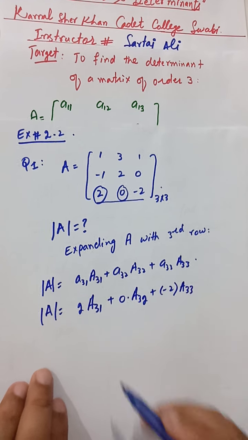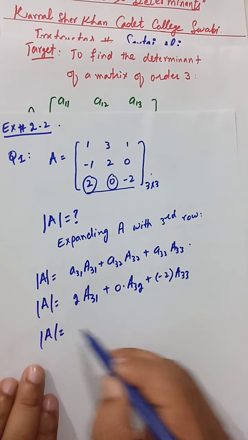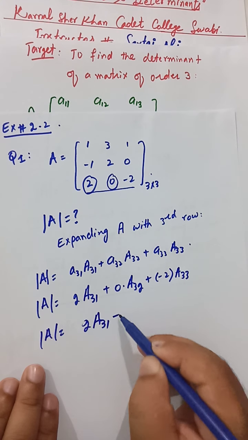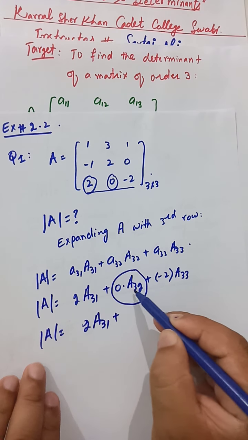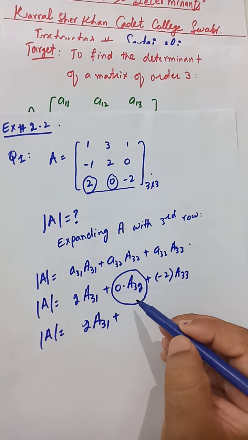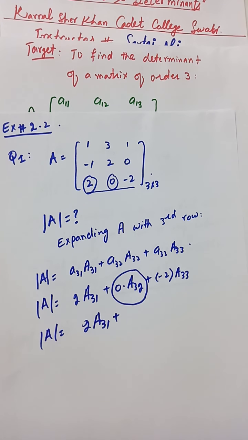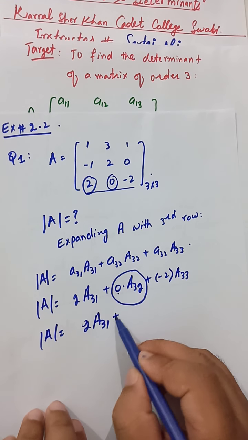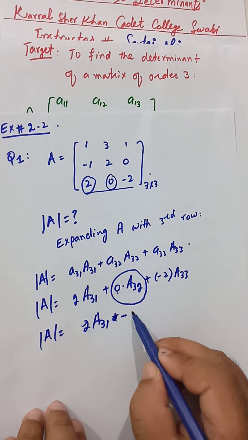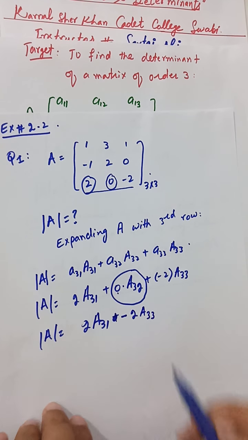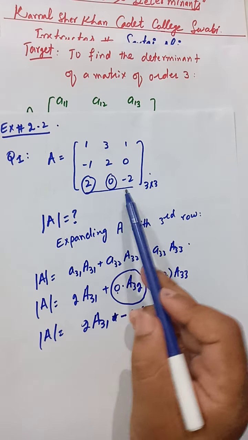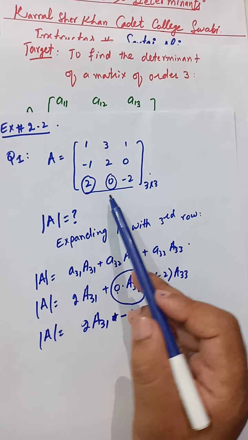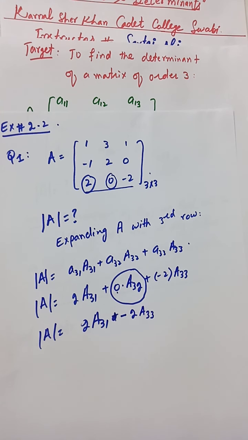So the determinant will be equal to 2 times capital A31, plus 0 times A32, which will become 0, because capital A32 is a cofactor, a number, and a number multiplied by 0 gives 0, plus minus 2 times A33. So you are expanding the matrix with respect to the third row, and you didn't need to find the cofactor A32, so that made the calculation easier.